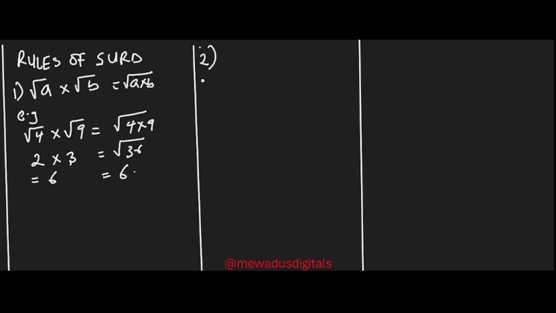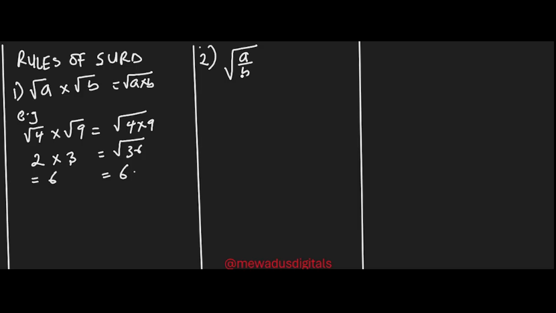That is the first rule. In a case where we have square root of A over B, this is the same thing as root A over root B. Independently, the numerator will take its root and the denominator will take its root. An example: root 16 over 4 is the same thing as root 16 over root 4.